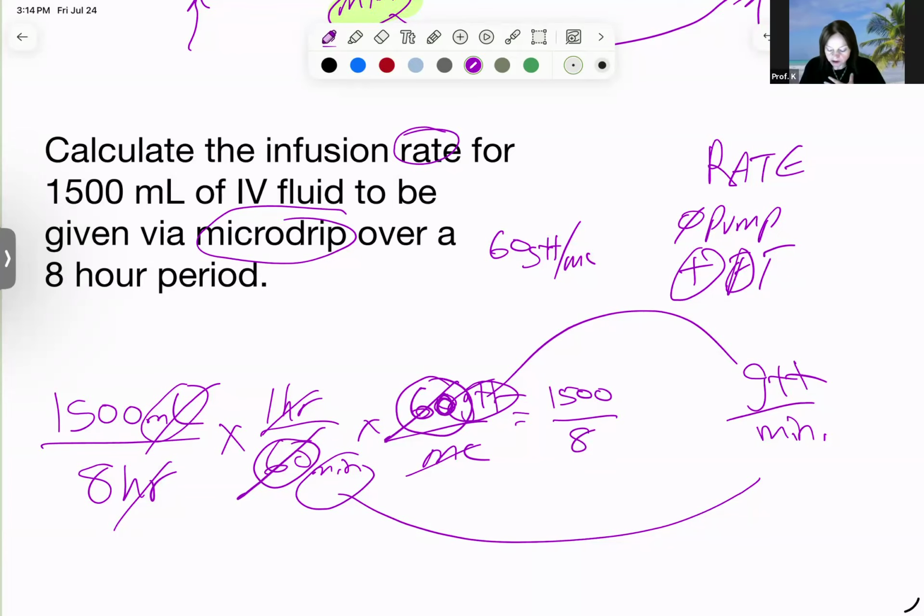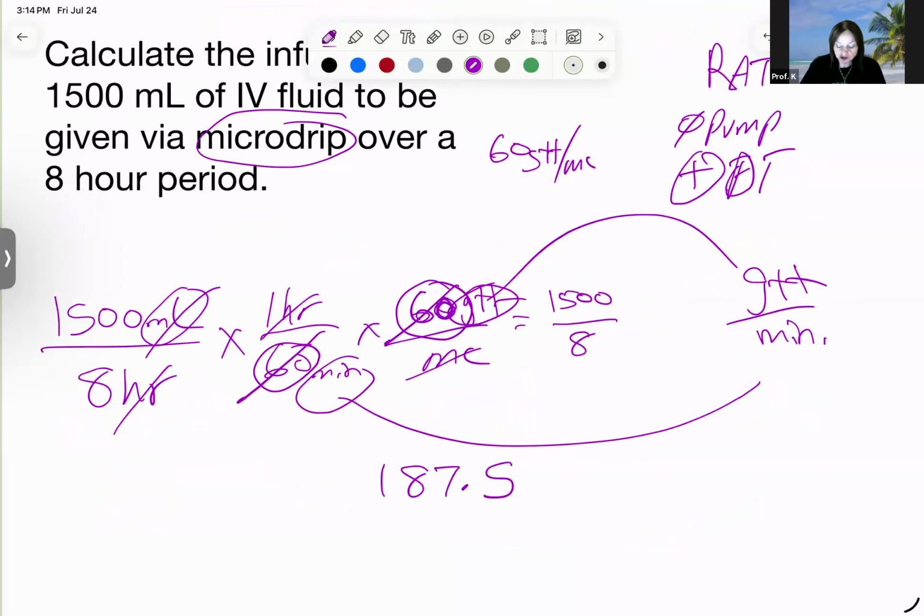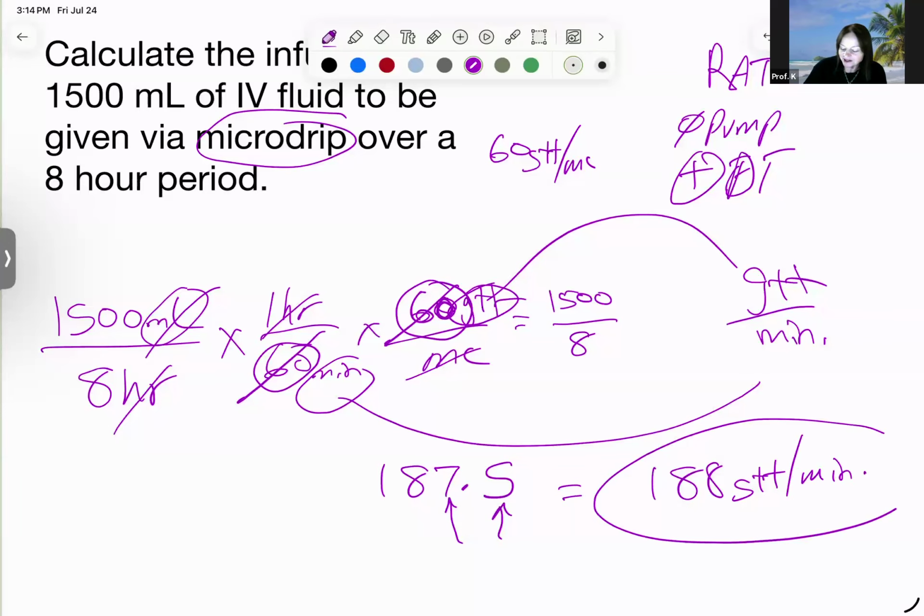Because I crossed it off, I have a smaller number to work with. My final answer on my calculator is 187.5. And because it's drops and it's greater than 10, we look to the right, and I'm going to make the 7 an 8. So the answer is 188 drops per minute. A lot of you got it, so that's really good. Very good work.